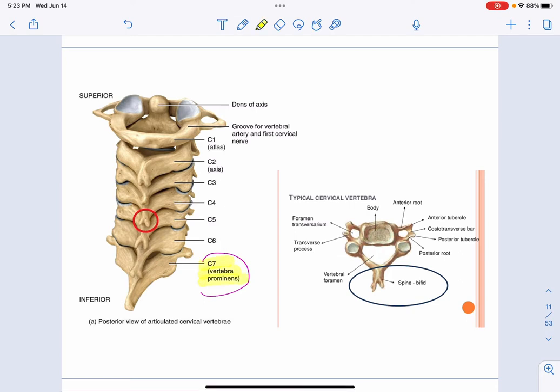Another term for C7 is the vertebra prominens, because if you feel the back of your neck, there is one bony protrusion that sticks out further than any other, and that is the spinous process. That is this region, the spinous process of C7. So it has a special name called the vertebra prominens.